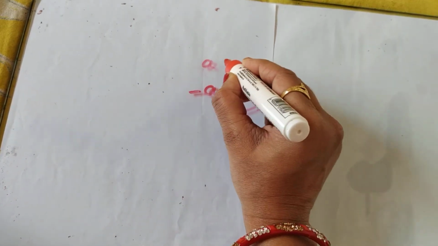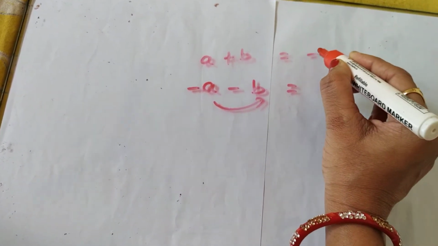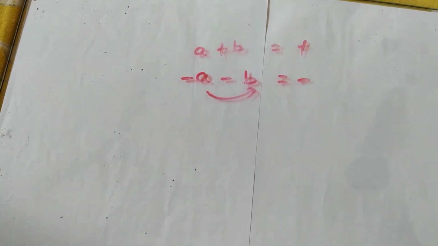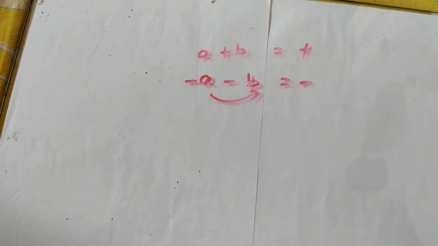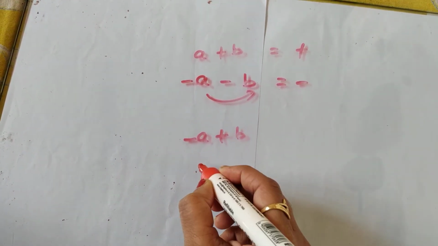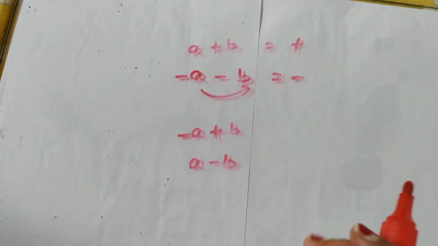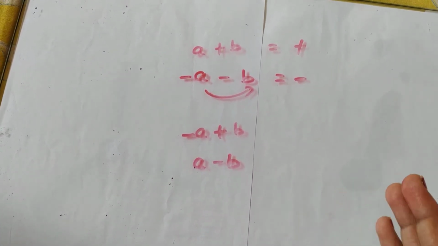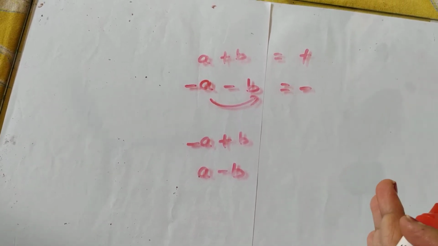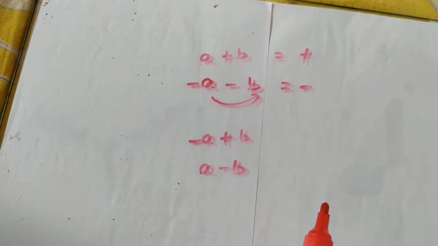If a plus b is here, we add, so the answer is positive, and we subtract when the answer is negative. Whenever we subtract, we always subtract smaller from larger, but we take the sign of the number which is larger numerically.